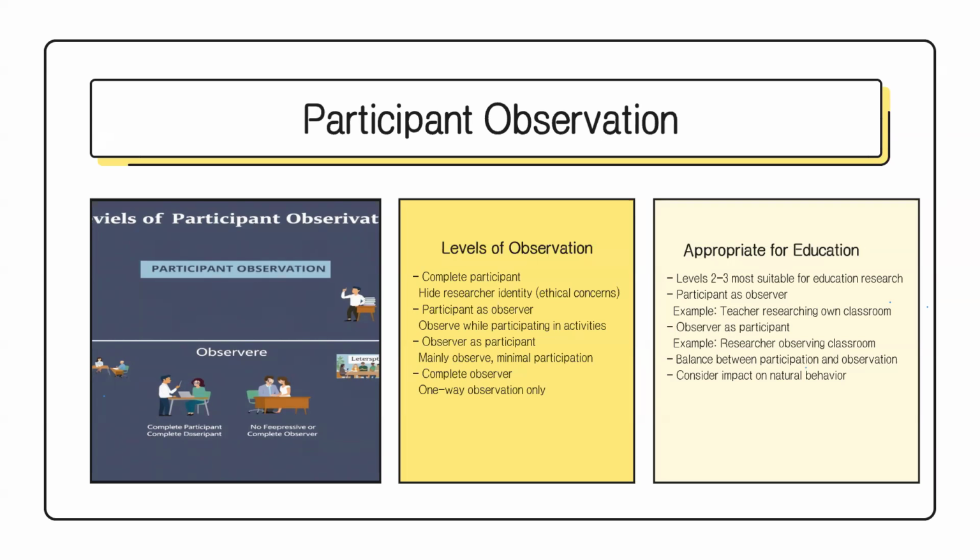You can balance between participation and observation. You consider impact on natural behavior. Your presence will affect what happens, but you minimize disruption. The key is being transparent about your role while gathering authentic data about what actually happens in educational settings.